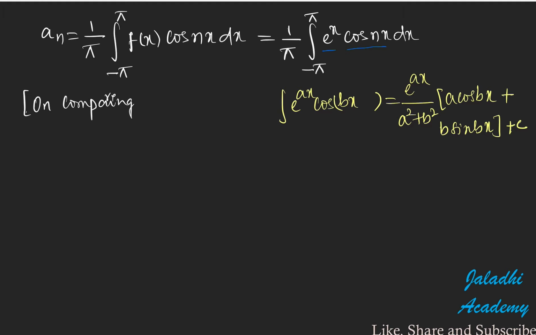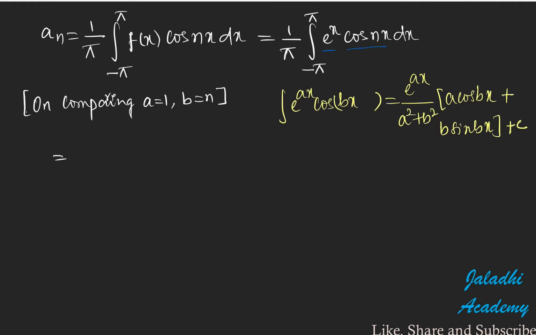comparing the exponential term, in the power term there is 1, and in the case of bx there is n here. Therefore the values of a and b are: a equals 1 and b equals n.